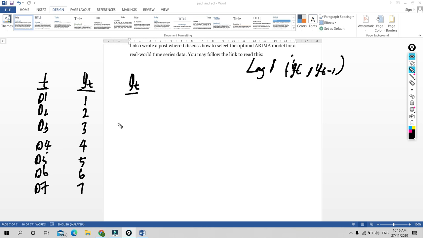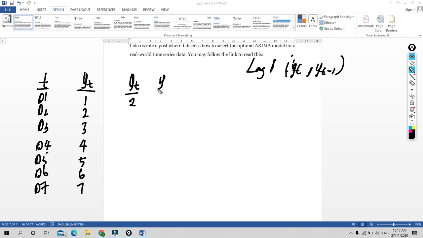And this part is 7, and this part is 6. So in this case, we have lost one data, isn't it? Because we are comparing today with the previous day. Day 2 we compare with day 1, day 3 we compare with day 2. So this is your dependent, and this is your independent.